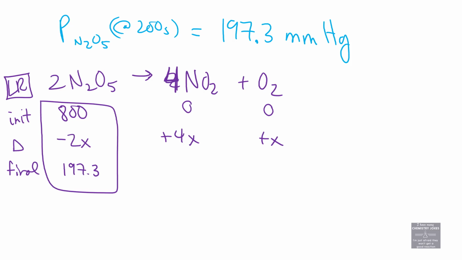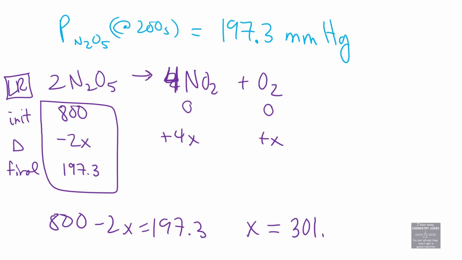I use this to solve for x. 800 minus 2x equals 197.3. x equals 301.5. So once I find my x, 4 times 301.5 is 1206, and 301.5 itself.